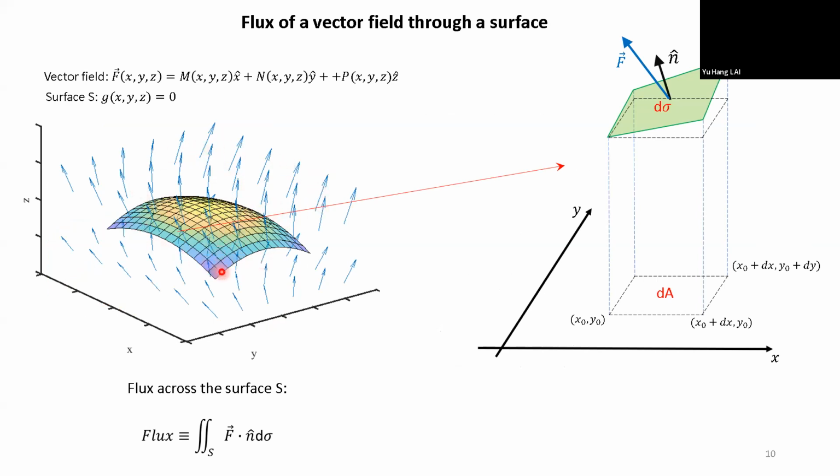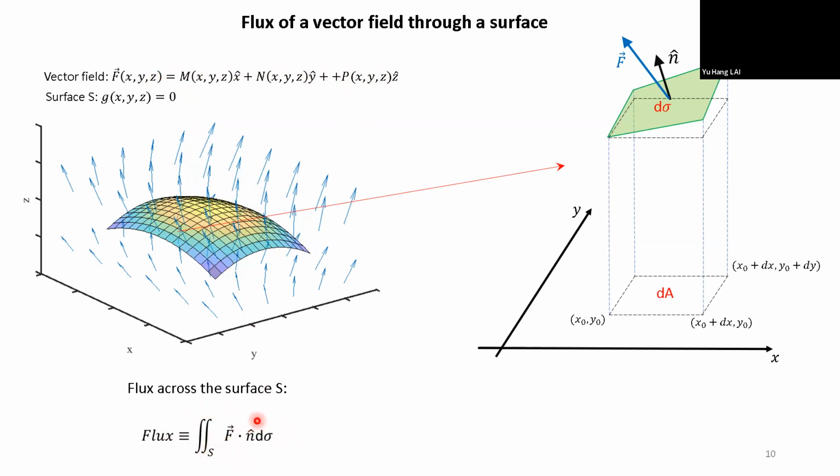This is my curved surface, and all these arrows refer to the vector field given by this one. So now, if I want to find the flux across or through this surface S, then this is the integral that I'm going to do.